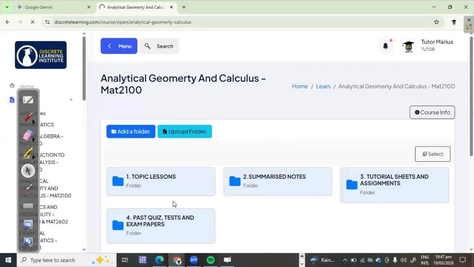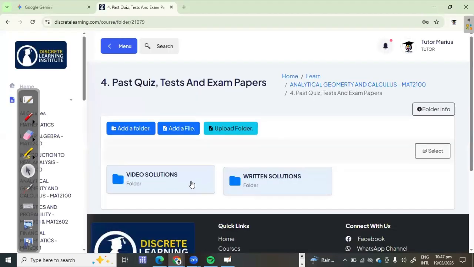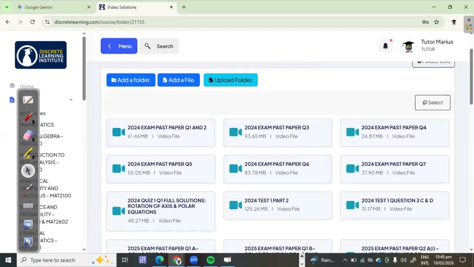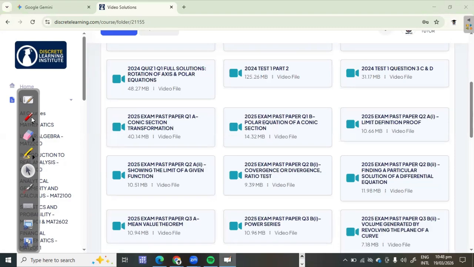So apart from the past paper, another part which has solved analytical geometry is the 2025 assignment 1. Do check it out there. You see it has the problems on conic section. Now here you go into the past papers and you go here on the video solution. So on the video solution, just scroll down. In particular, you see here that there is this video somewhere here.